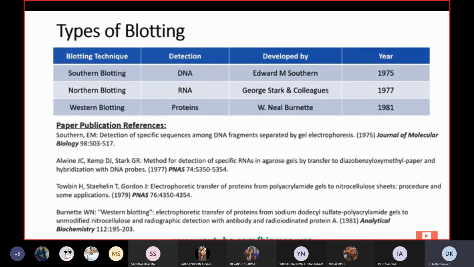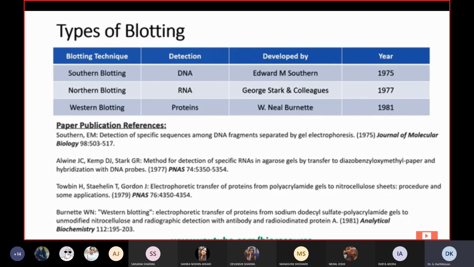Let's see the different types of blotting. So there are three different types of blotting. One is the southern blotting, there is the northern blotting, and the western blotting. Southern blotting is for the detection of DNA, and northern blotting is for the detection of RNA, whereas western blotting is for the detection of proteins.